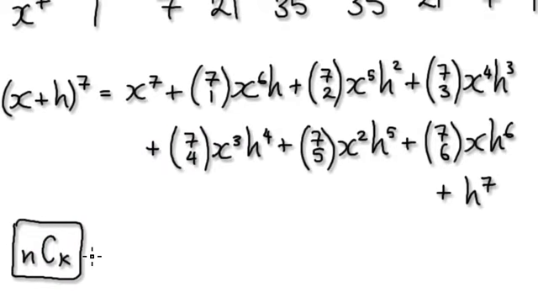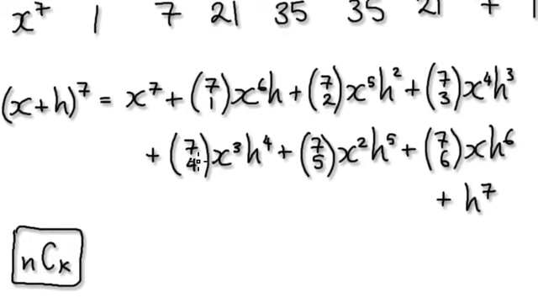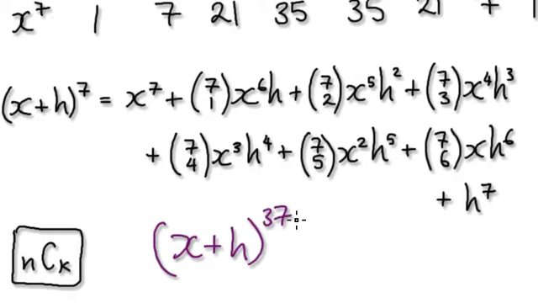And let's say you want to work out x plus h to the power of 37, something like 37 choose 5.